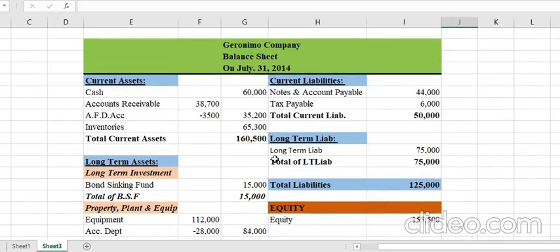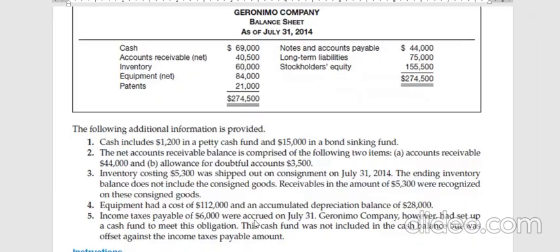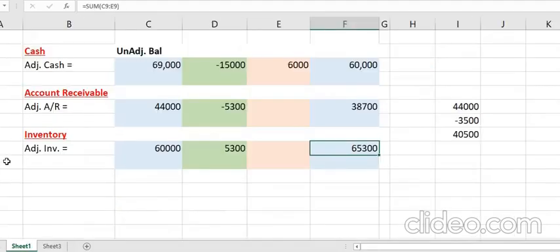So ladies and gentlemen, our objective was actually to bring corrections, to bring adjustments. Five pieces of information were given to us. Based on this information, we calculated which accounts can get affected, can get adjusted. And we came to know that the accounts of cash, inventory, and account receivable will be adjusted.